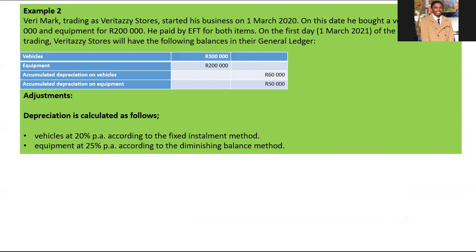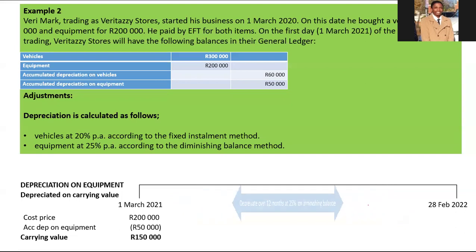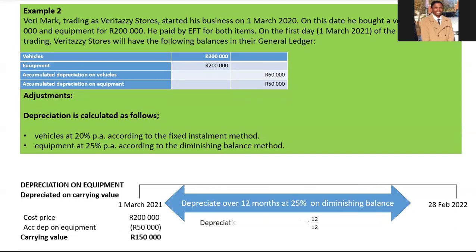Or are we going to take the 150,000? We'll take the 150,000. 150,000 times 25% will give us 37,500. So this indicates that current year depreciation does not exceed carrying value at the beginning of the year.